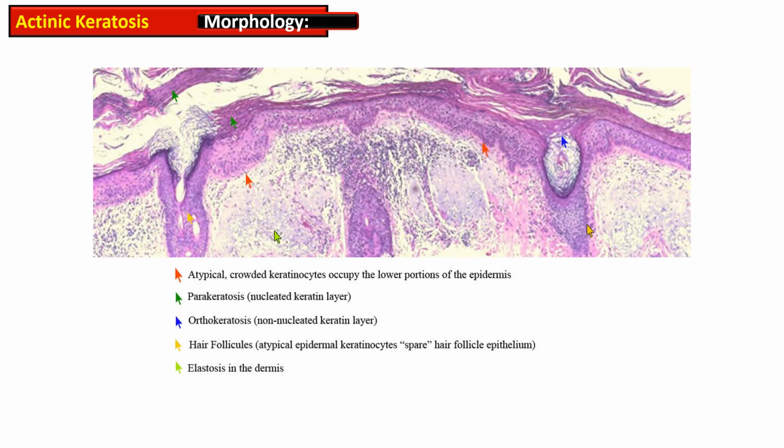The blue arrow is pointing towards orthokeratosis, that is the presence of thickening of the stratum corneum, and these are non-nucleated cells. Hair follicle that is pointed by this yellow arrow is spared by these atypical epidermal keratinocytes, and in the superficial dermis this light green arrow is showing the elastosis. This elastosis can be more easily identified by reticulin stain.